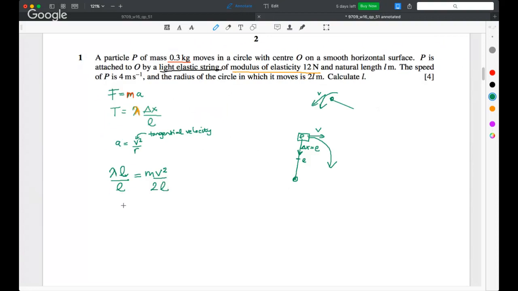So we can then solve for L. These L's cancel. This L goes over there. L is equal to mv squared over 2 lambda. Just plug in the values they've given you, and you should get the answer.